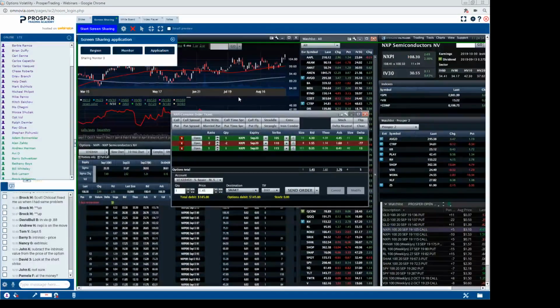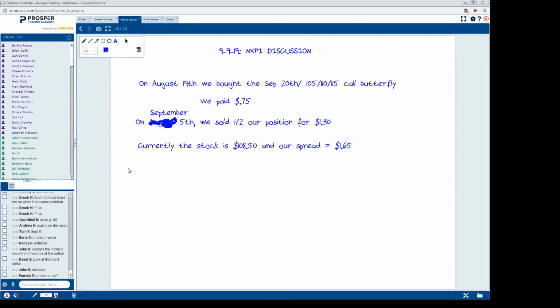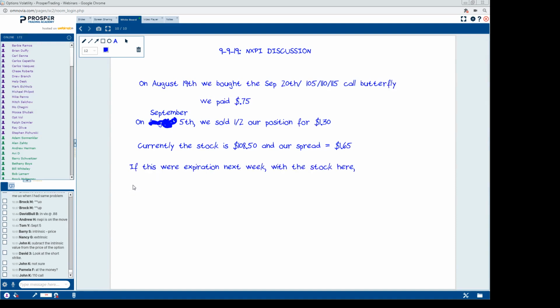So the way we need to look at this is if this were expiration next week with the stock here, what would be the value of the butterfly?